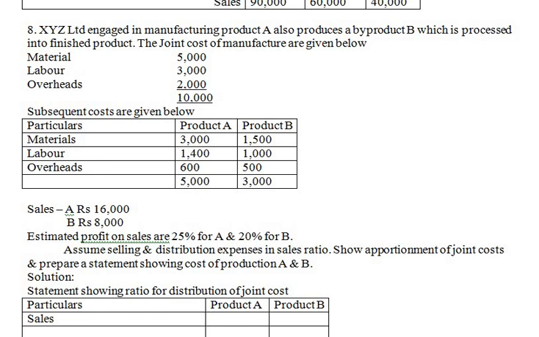Now first we are going to take it as sales. For product A it is 16,000, which is already given in the problem, and product B is 8,000. Now less profit.